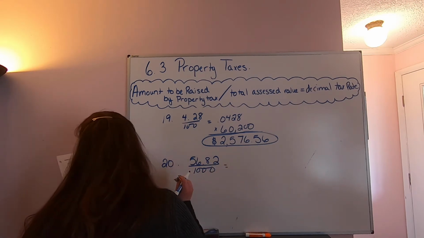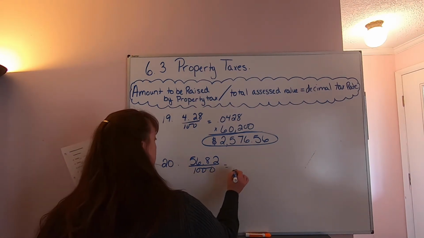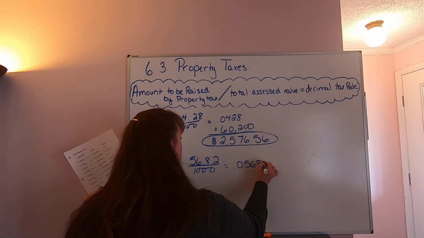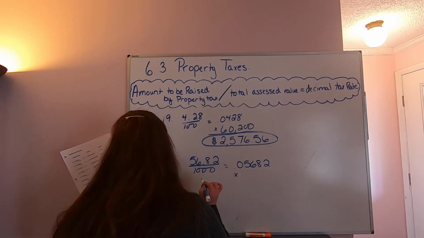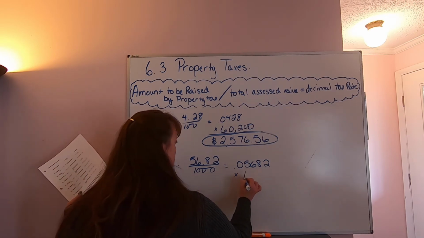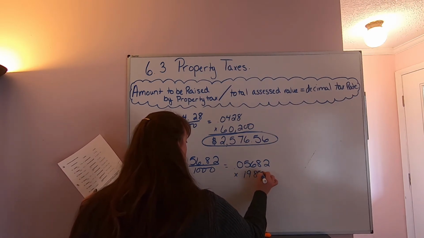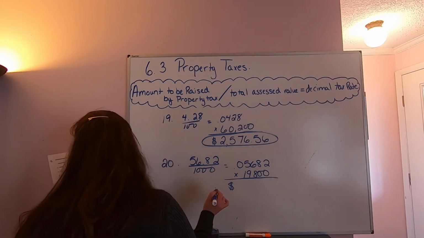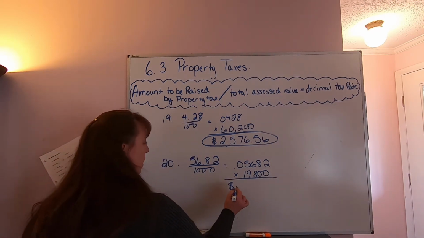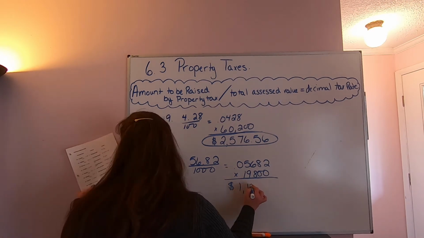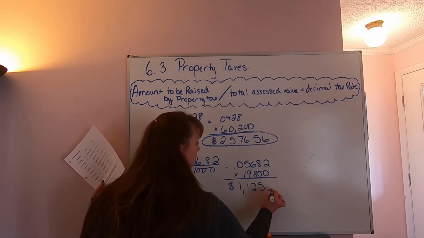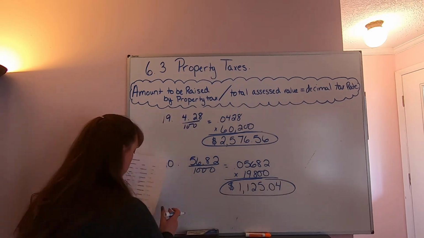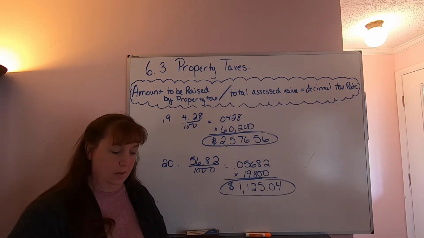Get a taxable rate of 0.05682. Times that by your assessed value, which is 19,800. You get your tax due of $1,125.04. That's your tax due. All right.